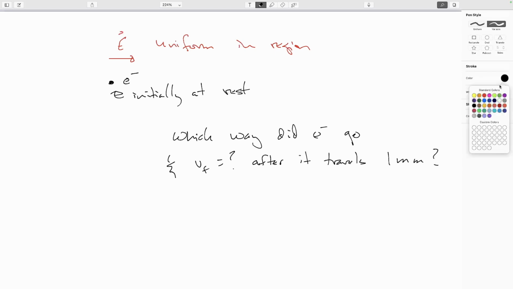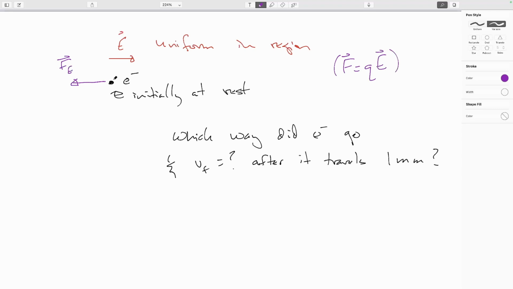All right, so hopefully we are in agreement that the electron is feeling an electric force to the left. And remember, this is because F equals QE, where Q is the charge I put at the location.